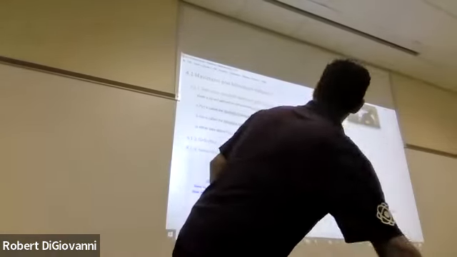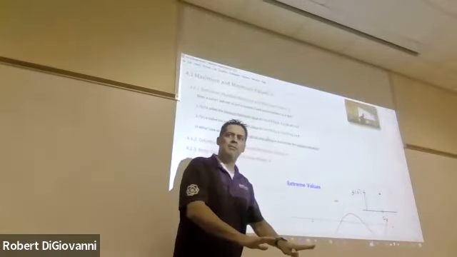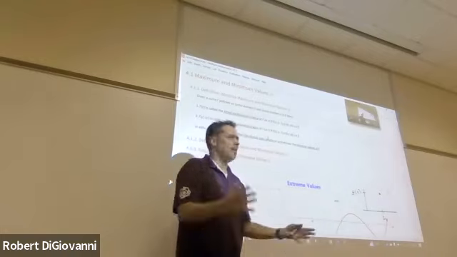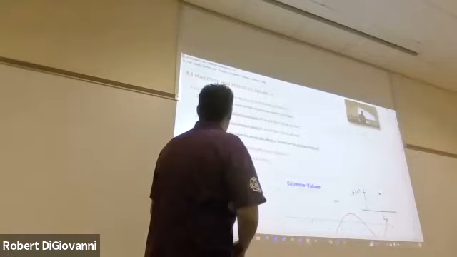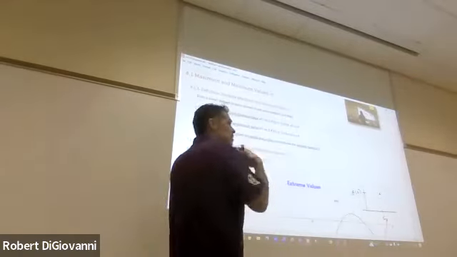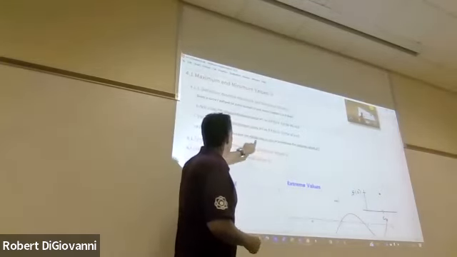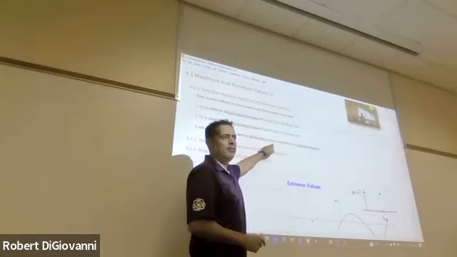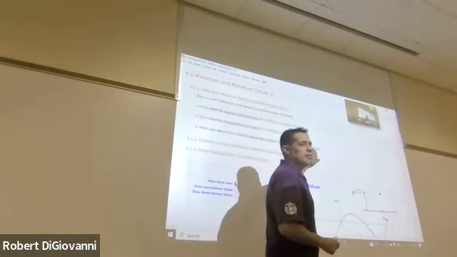Let's see, what about the absolute minimum? The absolute minimum value would be the lowest value of the function. Make sense? Absolute max, absolute min. There are other names for these in different textbooks, and you'll hear me use them. Instead of saying absolute maximum value, I might say global maximum value. I also might say the extreme value.